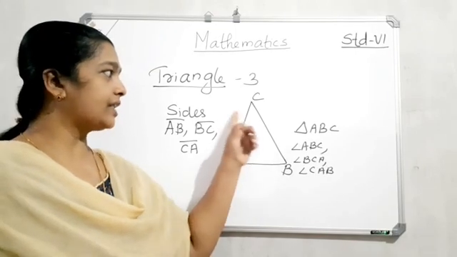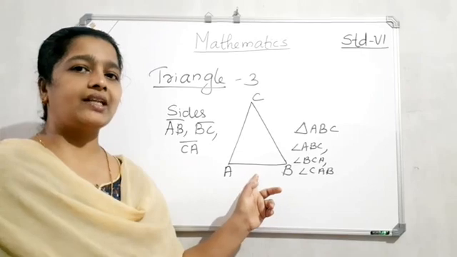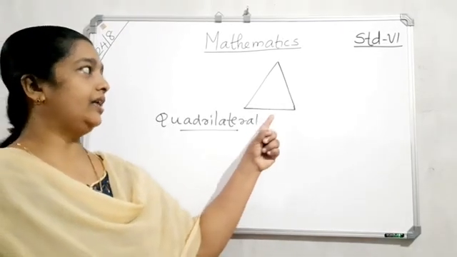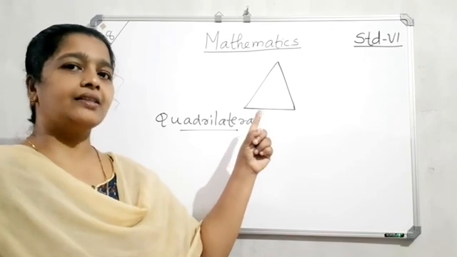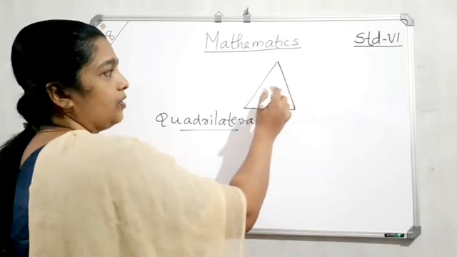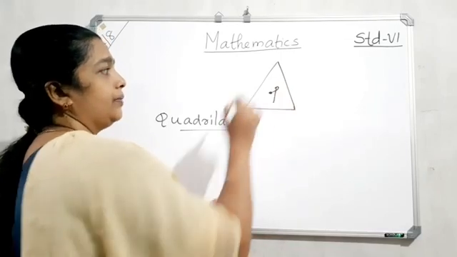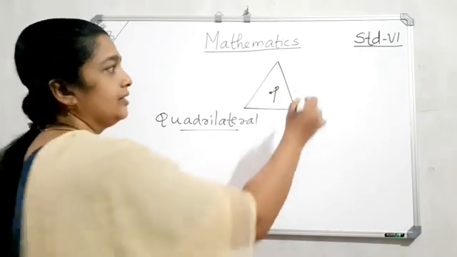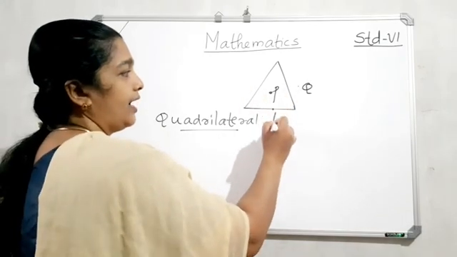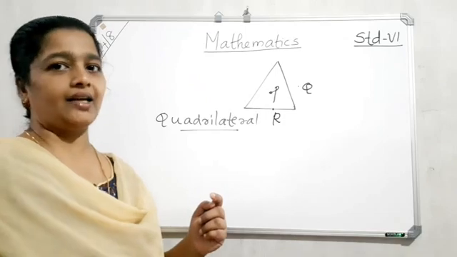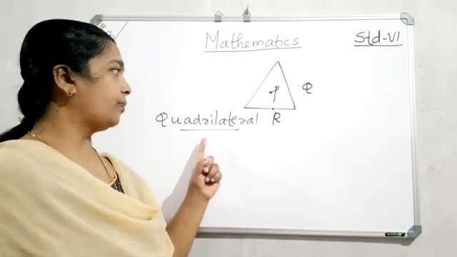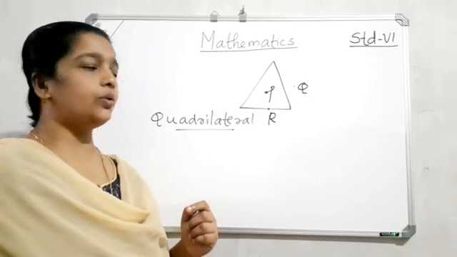A triangle also has 3 important parts: interior, exterior and on. Here point P is in the interior, point Q is in the exterior and point R is on the triangle. Clear? Yes.